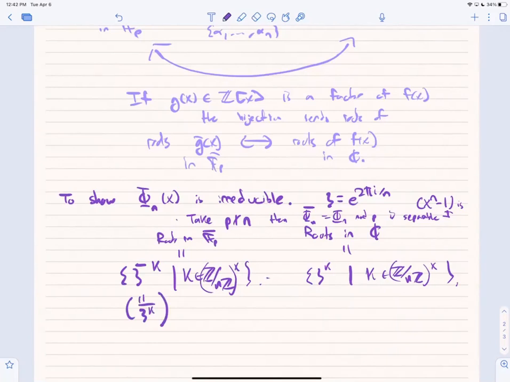Okay, so we have this bijection between these different sets of roots.